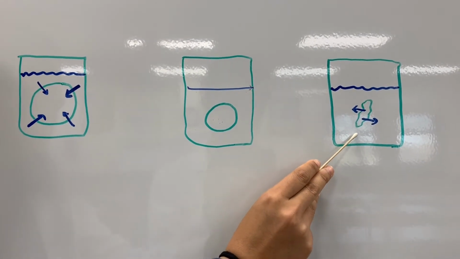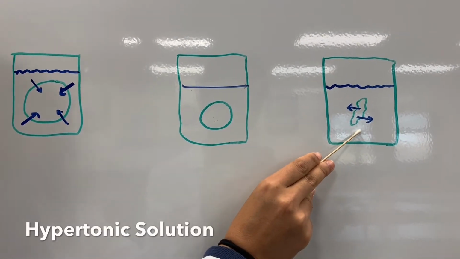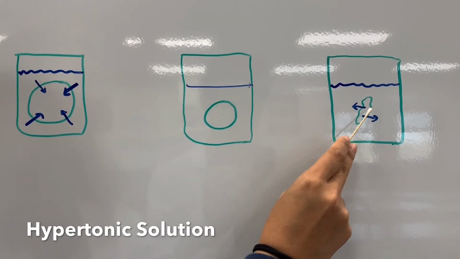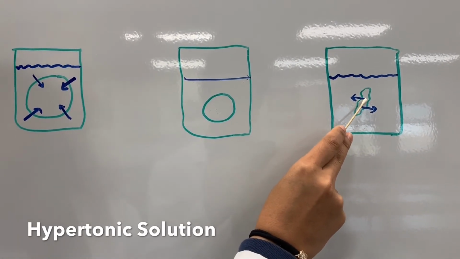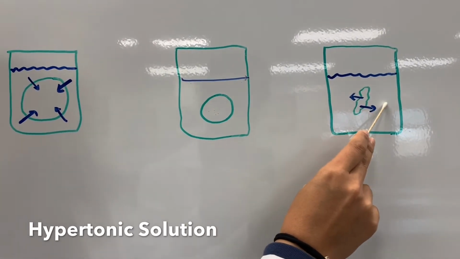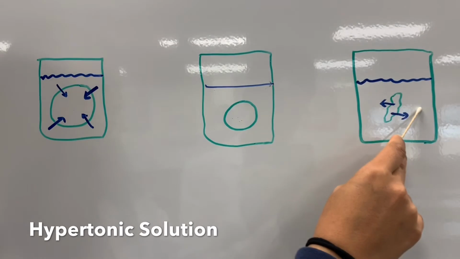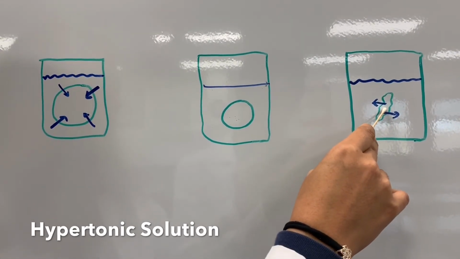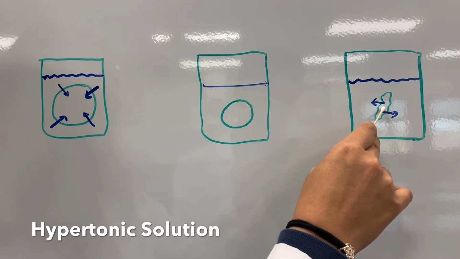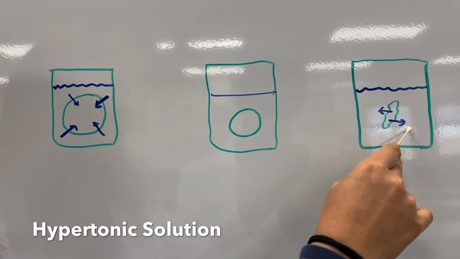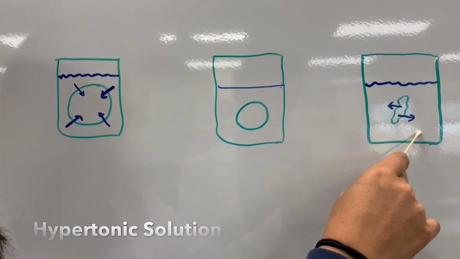This is hypertonic, and hypertonic draws the water or solution from the cell out into the solution, because the concentration of solutes is greater on the outside than the inside. So it's going to pull fluid or water from the cell into the solution to balance the concentration. That's it.